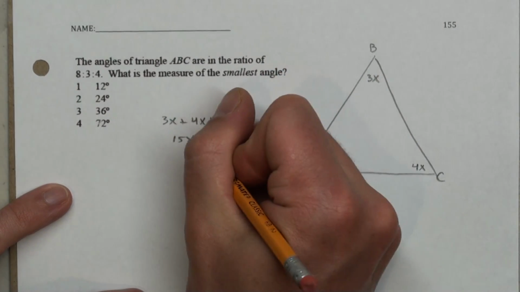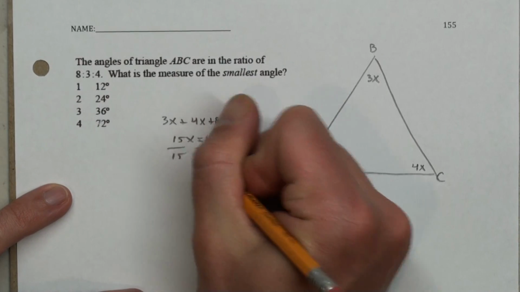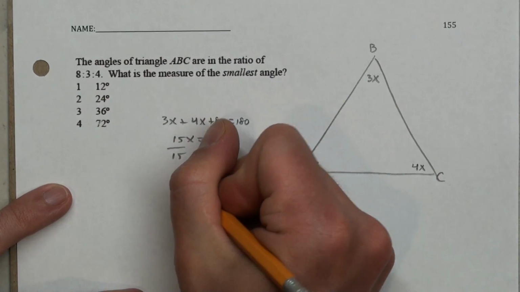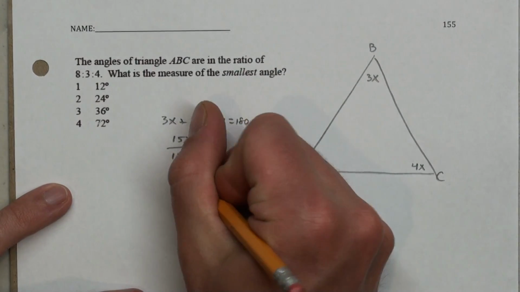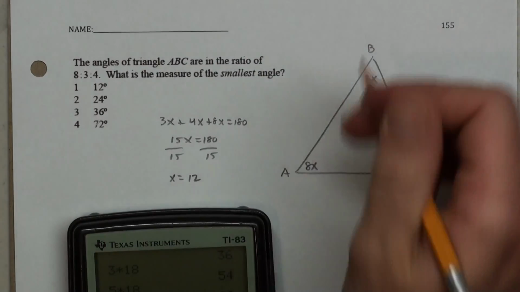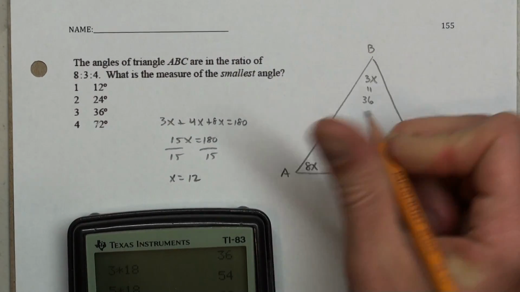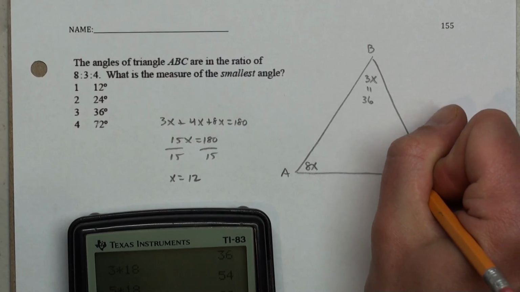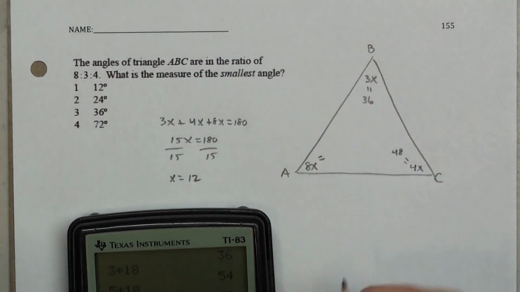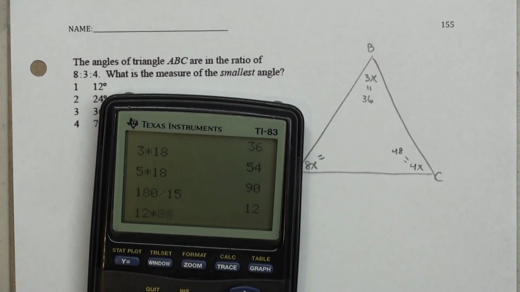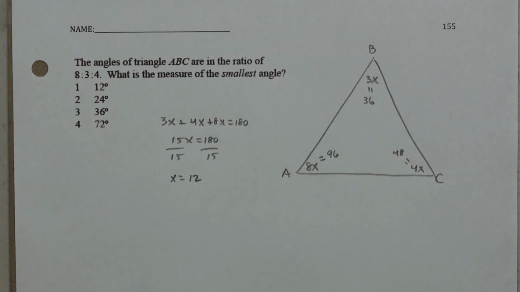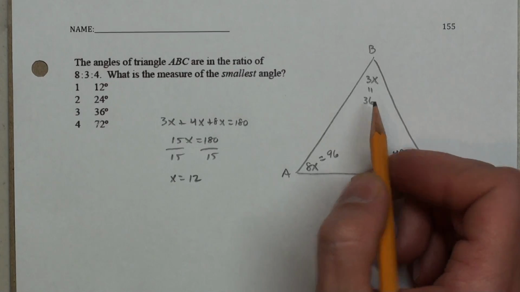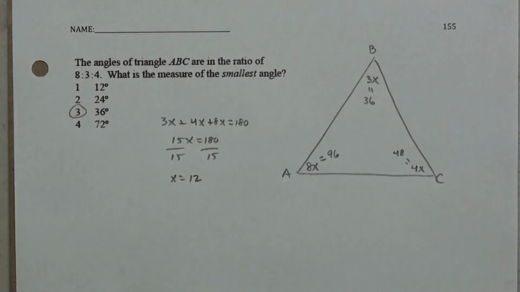That's 15x equals 180. x equals 12. So 3 times 12 is 36, 4 times 12 is 48, and 8 times 12 is 96. So what's the smallest angle? Angle B, which is 36.